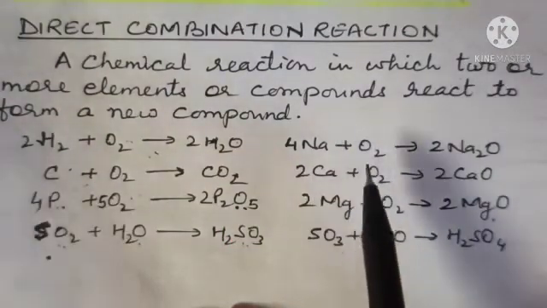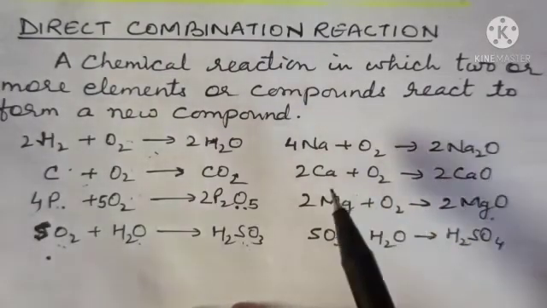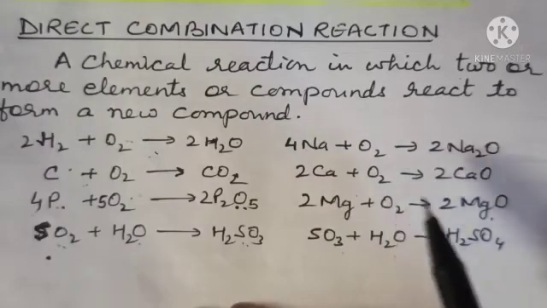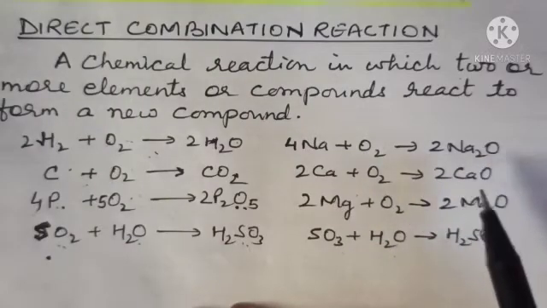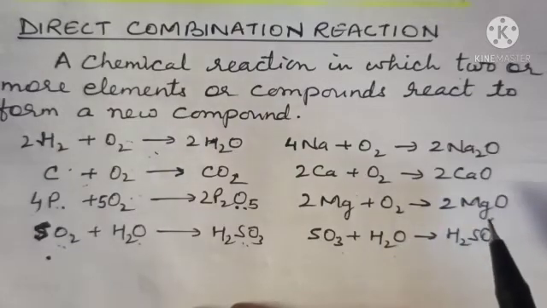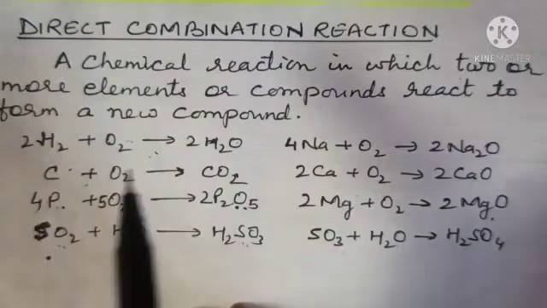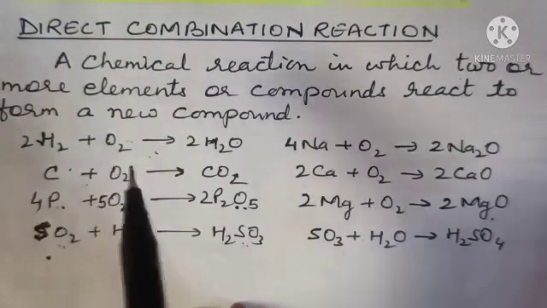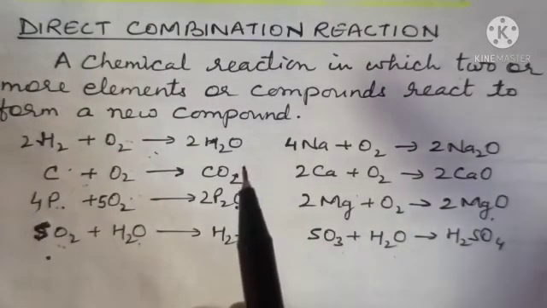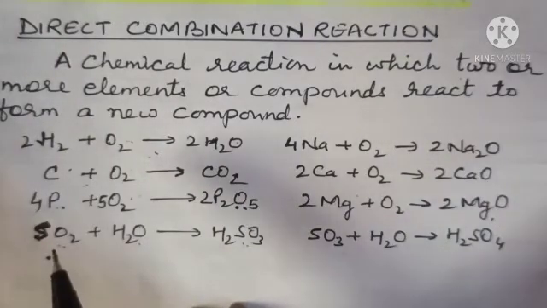Next, when sodium reacts with oxygen, it forms sodium oxide. Calcium when it reacts with oxygen forms calcium oxide. Magnesium when it reacts with oxygen gives magnesium oxide. In all these reactions, 2 elements combine and give a new compound, right?